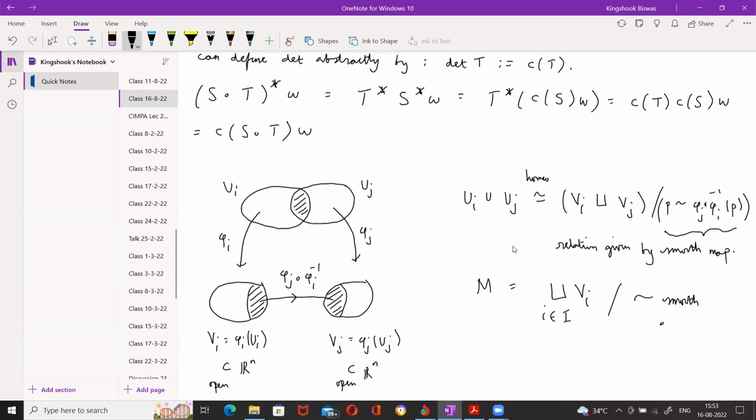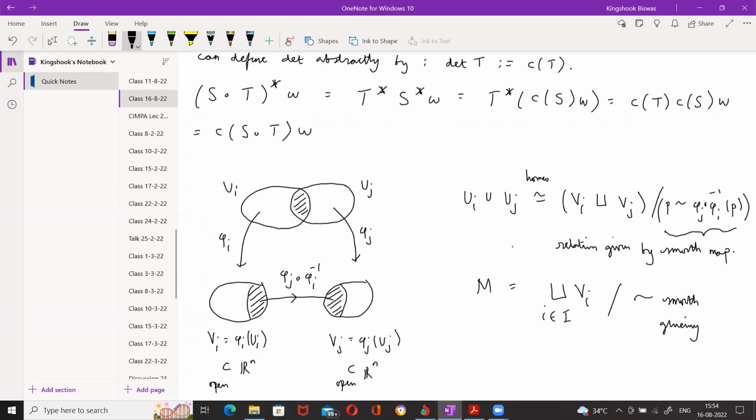Does this make sense? Okay, or gluing by smooth maps. So any smooth manifold, if you want to think of it in a more concrete way, what you're doing is you're taking open subsets of Rn and you're gluing them together smoothly.